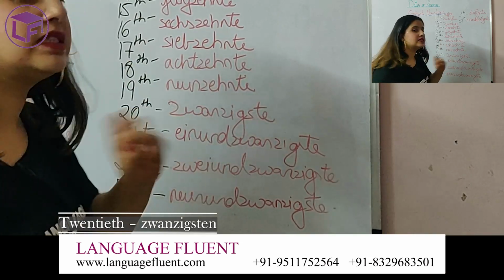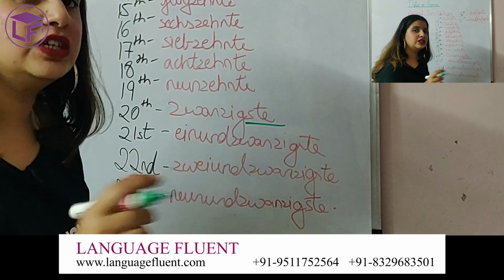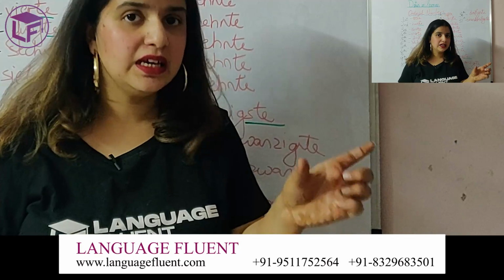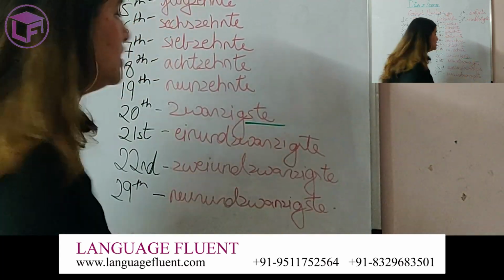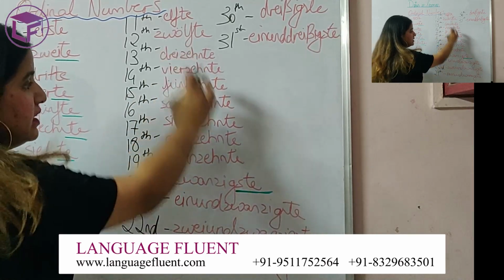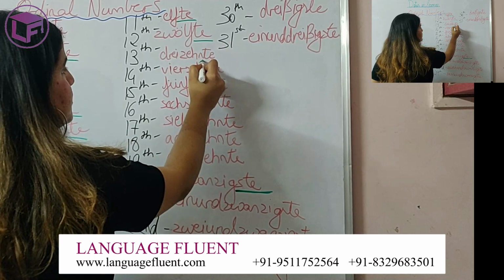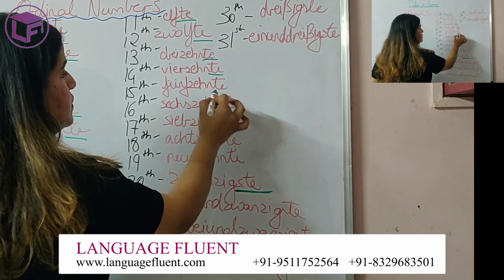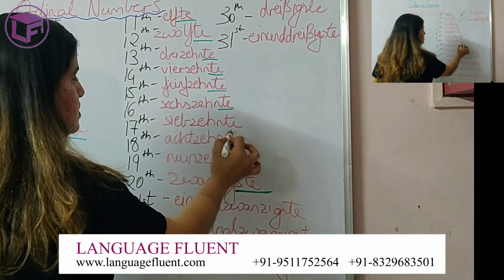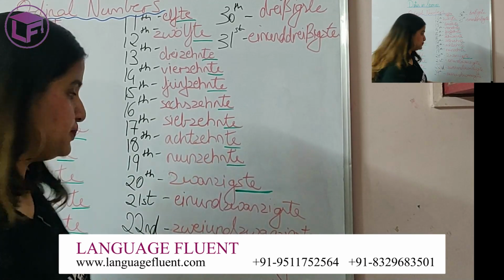And 20th: in 20th, we add STE to the original number 20, so 20th will be 20 STE. Let's repeat it. Again the pattern is the same, TE: 11th, 12th, 13th, 14th, 15th, 16th, 17th, 18th, 19th, 20th.